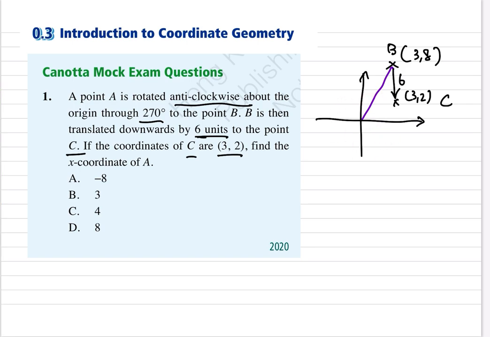So you can try it, you know that, oh, it should be over here. This one is A rotated anti-clockwise 270 degrees to become B. And you know that the numerical value becomes 8 and 3. And which one is a minus? Because it is in the second quadrant, the x coordinate will be a negative value. So the answer will be A.